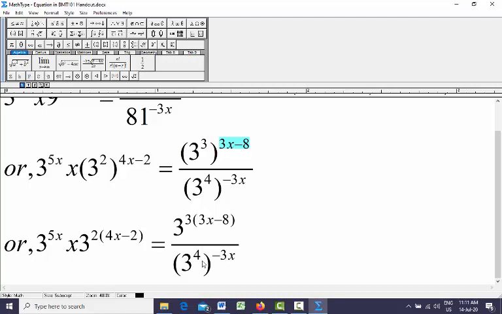Similarly here what we will have, we will have this one, because this 4 is the power inside the bracket, and outside the bracket we have another power, minus 3x. So this 4 and minus 3x will get multiplied.